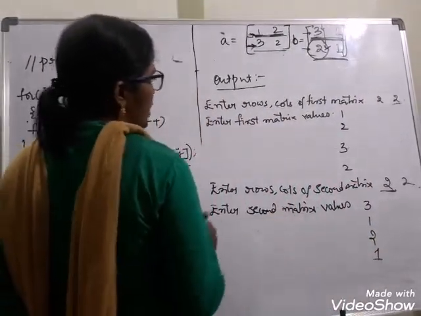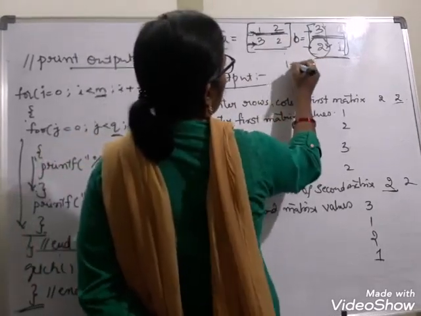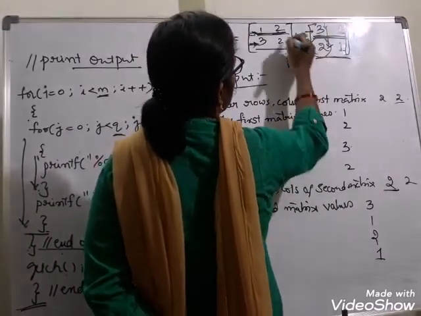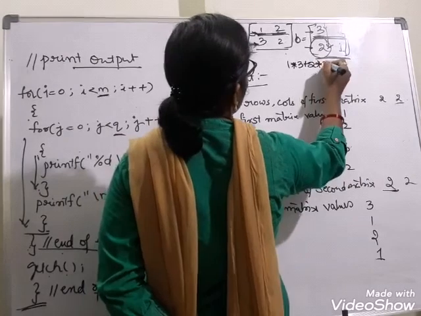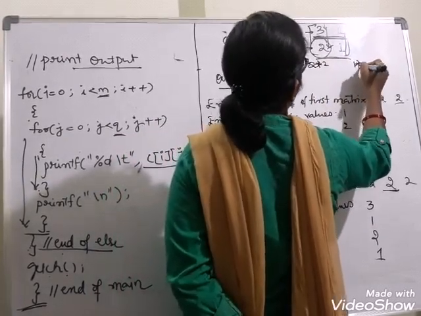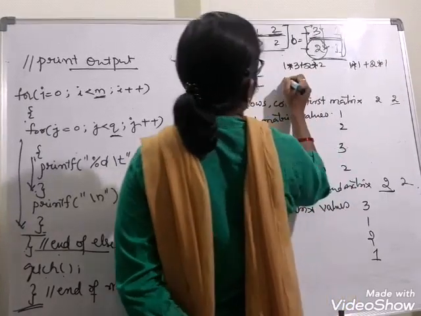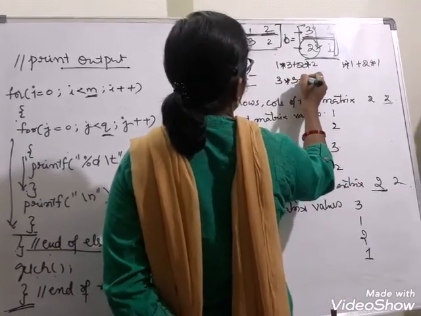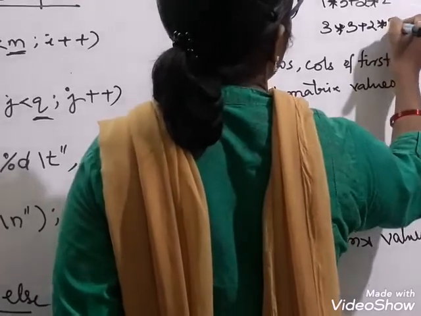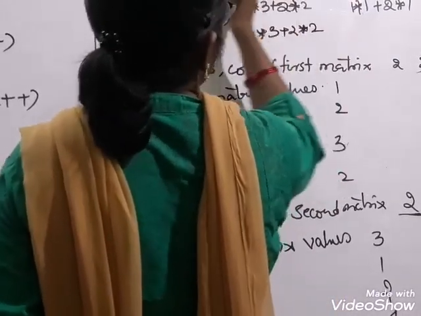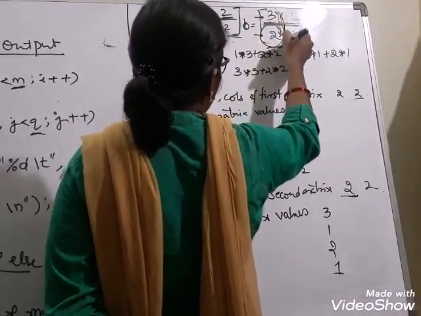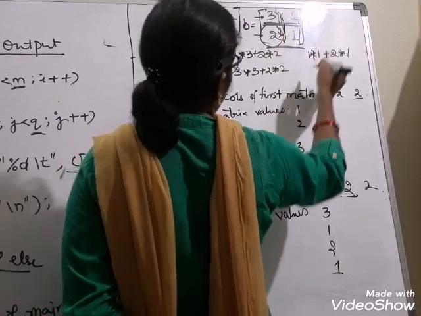So the result will be, right, 1 into 3 plus 2 into 2 and 1 into 1 plus 2 into 1, 3 into 3 plus 2 into 2, this and this. This is for m, this is for p. Okay.